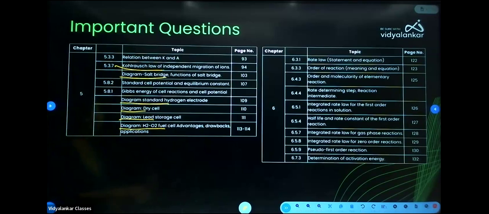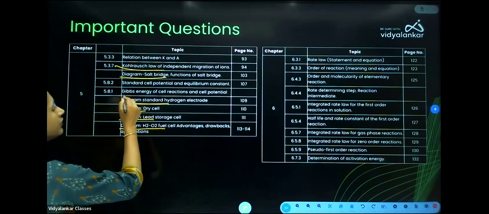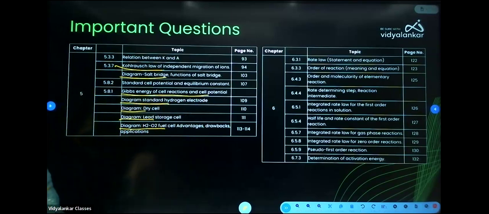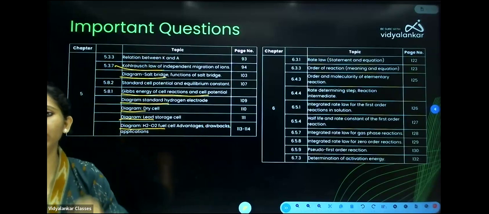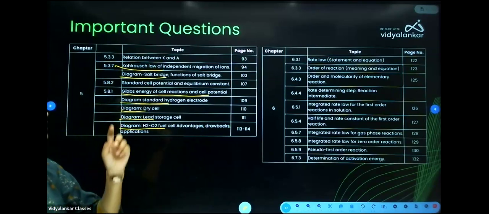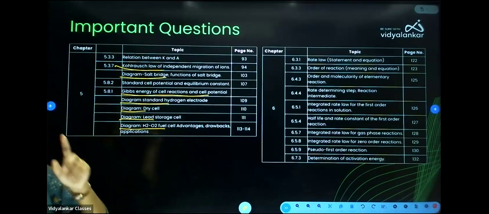In between, one equation is given in the chapter, that is Gibbs energy of cell reaction and cell potential. Mostly a 1 mark numerical comes from this chapter in the MCQs or the very short answers. So doing small numericals of this chapter will definitely help you score in section A.